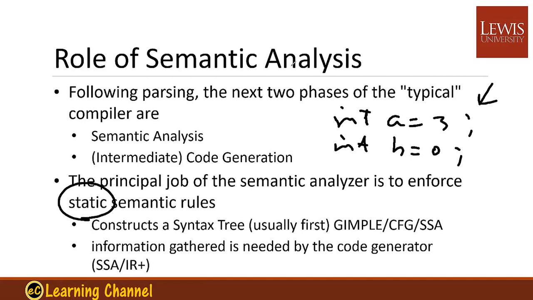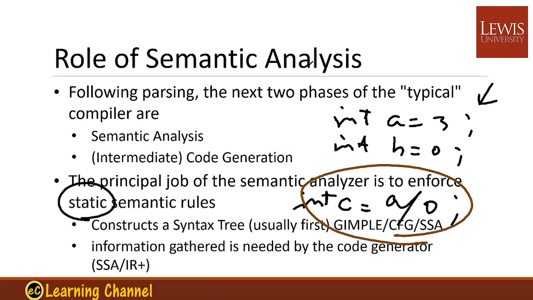And then you do integer c equals a divided by b. Semantically this is not okay, you have division by 0, but this won't be caught by the static rule. It won't be caught.